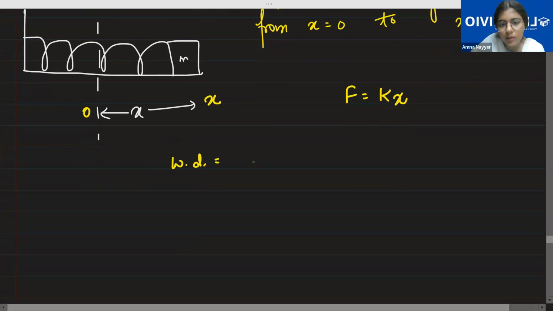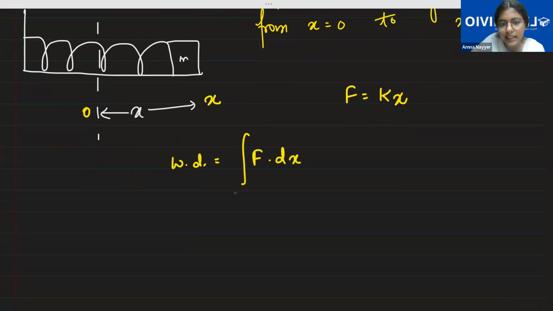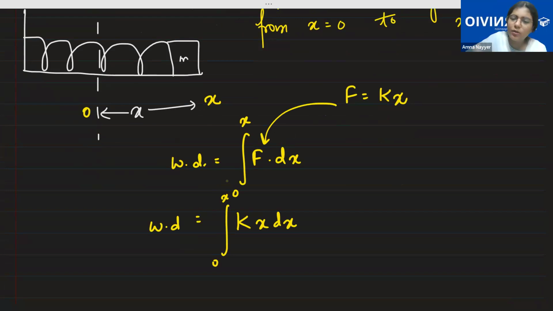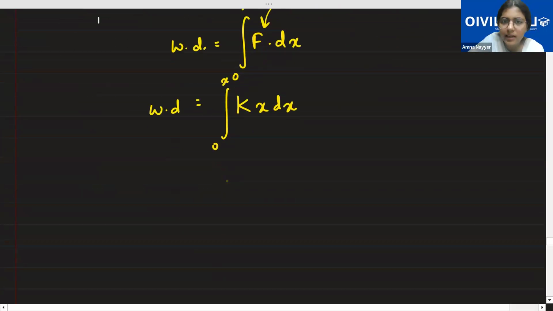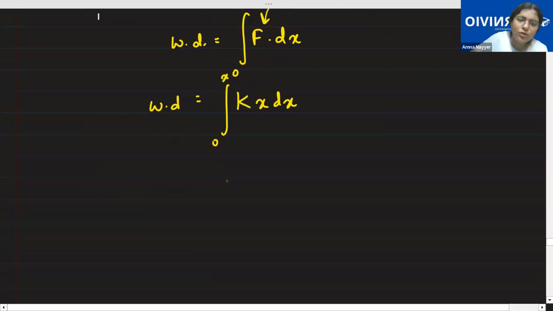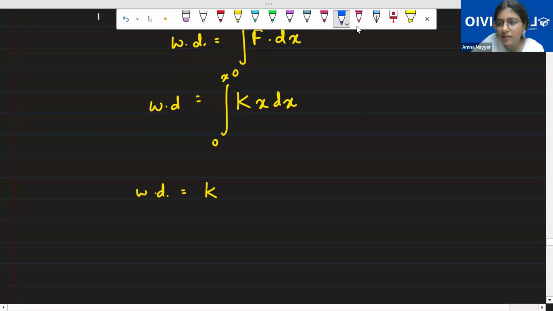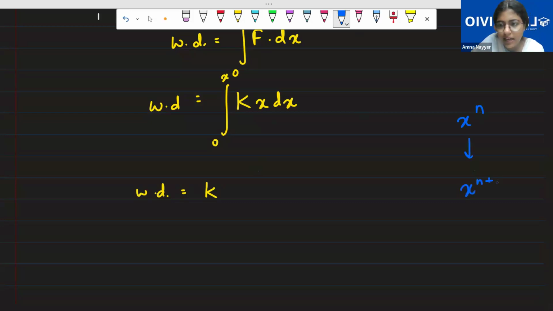So work done is equal to the integral of F dot dx from 0 to x. Let's put the value here. Work done will be equal to the integral of kx dx from 0 to x. Now k is the spring constant in the spring mass system, so it should be taken out. x to the power n becomes x to the power n plus 1 divided by n plus 1.